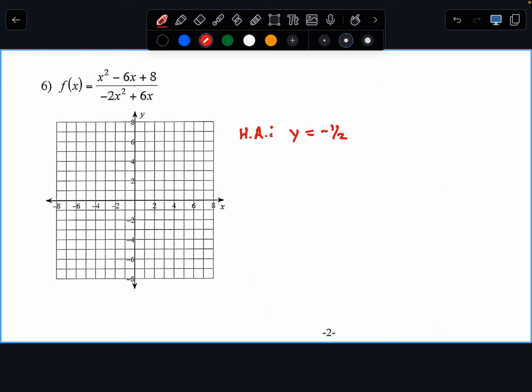Now, if we keep going, in order to figure out holes, vertical asymptotes, all that kind of stuff, the next thing we need to do is factor and take a look at what those problem points are. So, let's factor this. If we factor the numerator, we get x minus 4 and x minus 2. And if we factor the denominator, it's a greatest common factor.